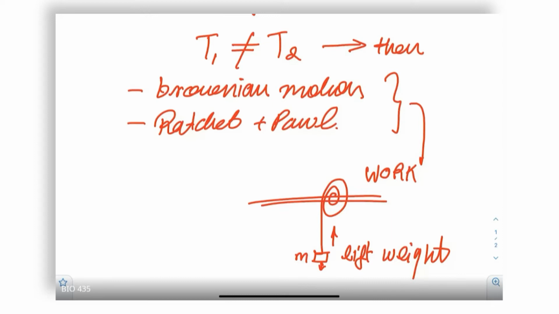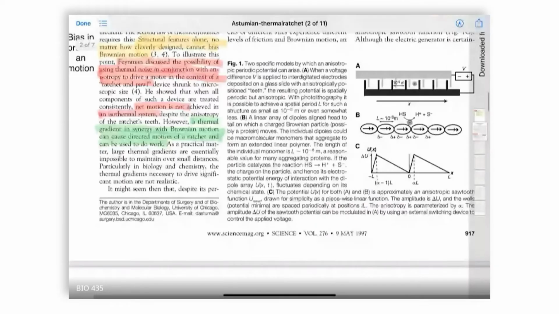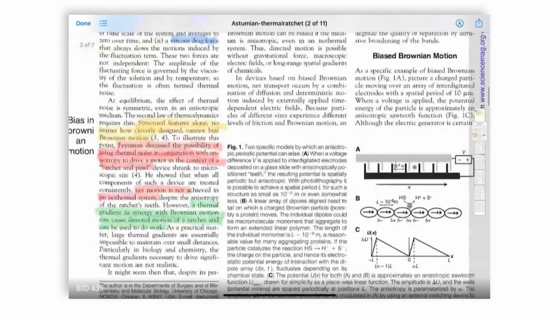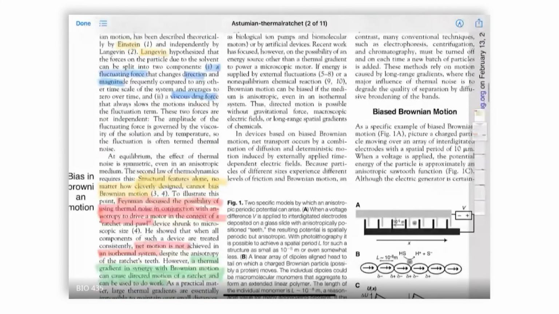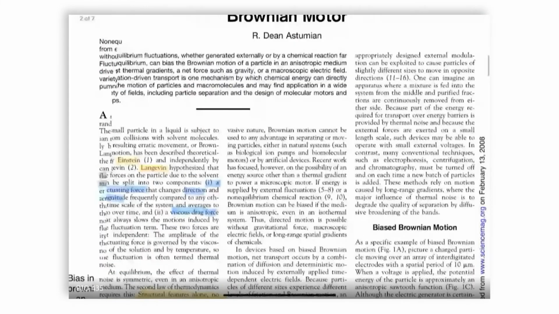This basic concept can be made to work in the presence of a thermal gradient, and this is very important, that the two things are not isothermal, then and only then will this work. This is the reason that Astumian and company in the past have been motivated to look at Brownian motion and its conversion to biased Brownian motion, or what are called Brownian motors.